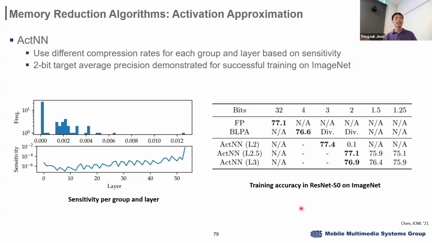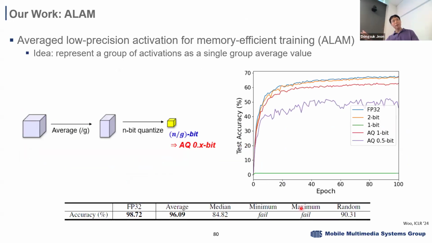Oh, no. We are not using the same data format for the activation and weight. They are totally different. Okay, and then what's the data format for activation? Well, it depends on the work, but in this case, you can see that we are reducing the data format for the activation down to MP1, MP2 or something. But for the weight, I don't recall exactly, but around 8 bit, I think.